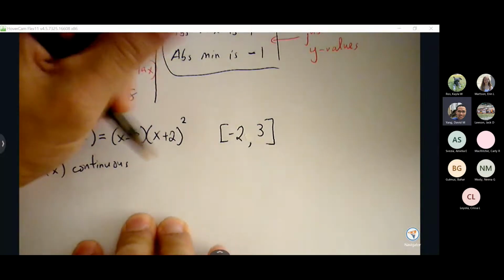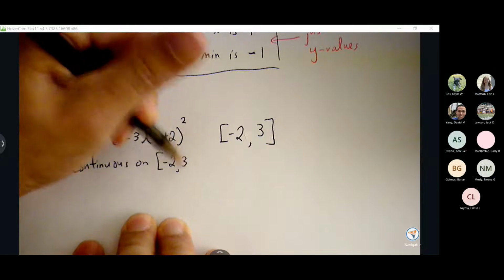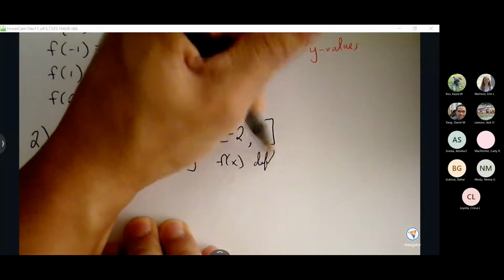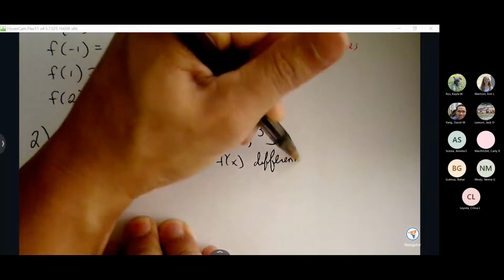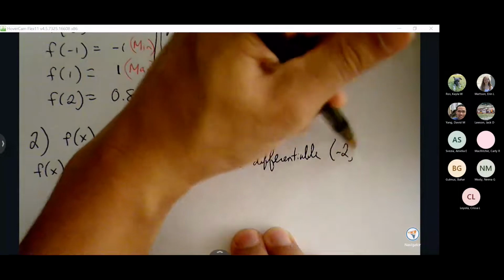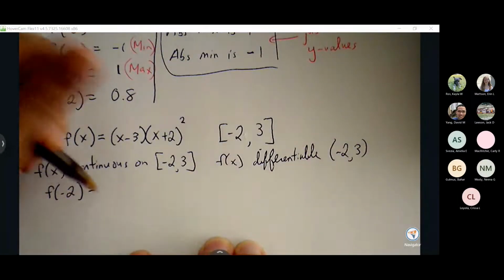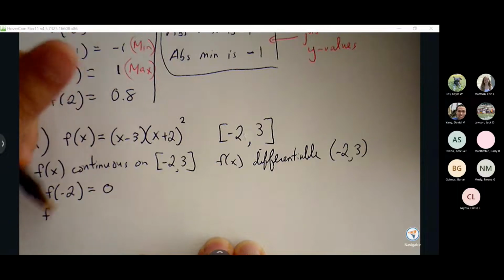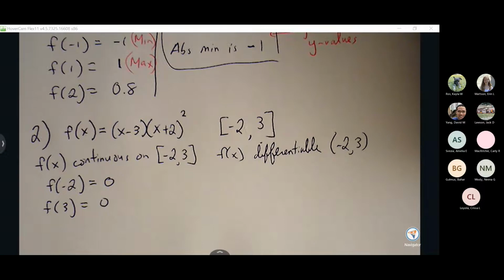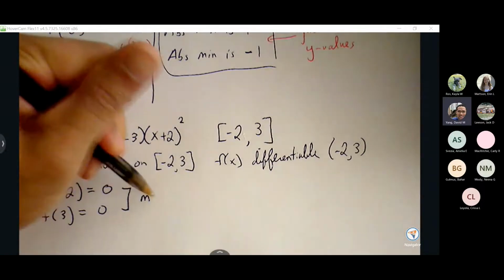We'll do that soon. They both give me y values there. We know the slope is 0.